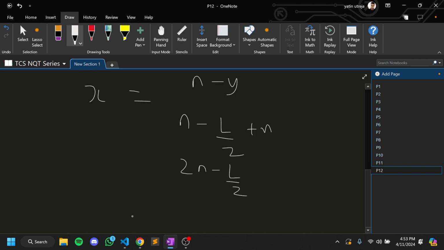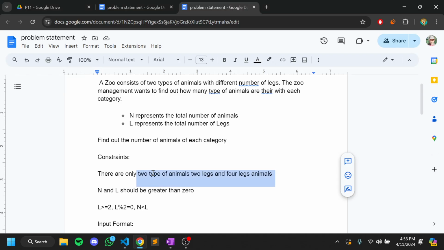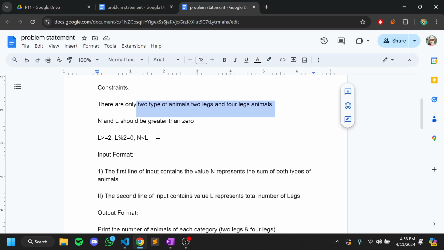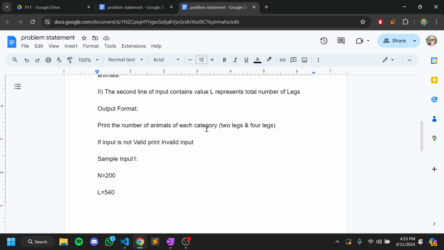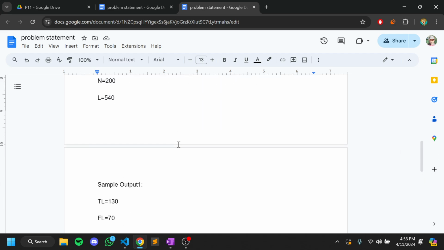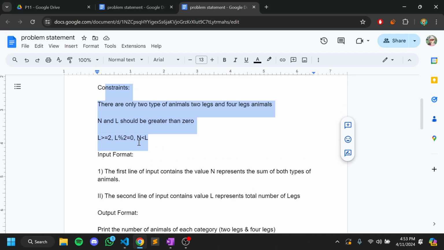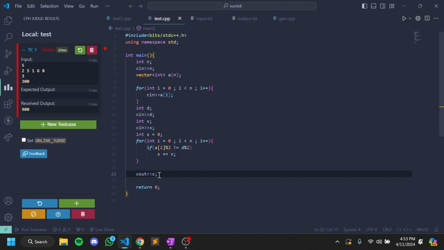So this is the problem, and the only difference is that we are given the constraints. In the previous problem we had to output -1, but in this problem the constraints are already given, so we can just plug in the values of x and y that we have obtained.